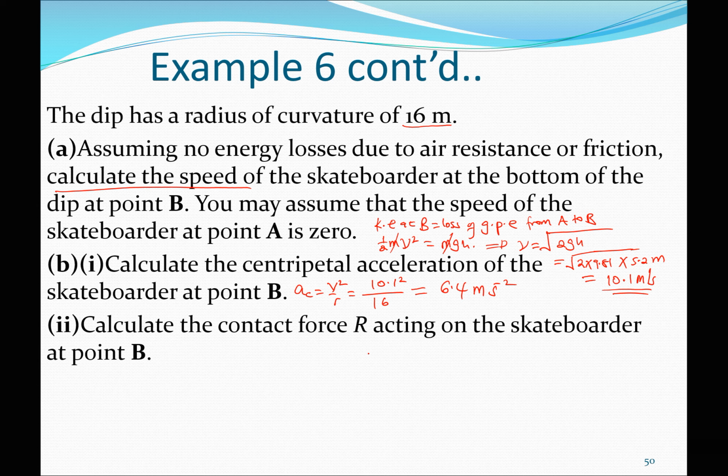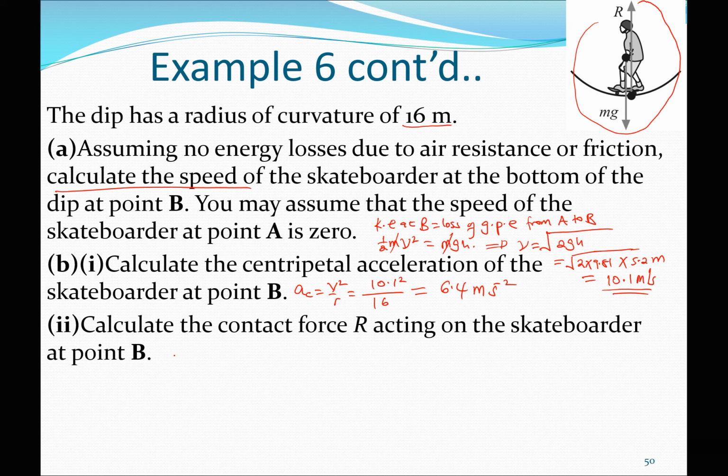Calculate the contact force R acting on the skateboard at point B. If I consider the diagram here, at point B the contact force, the normal reaction force, acts vertically upwards. Remember, the resultant force at any point is going to be the centripetal force.